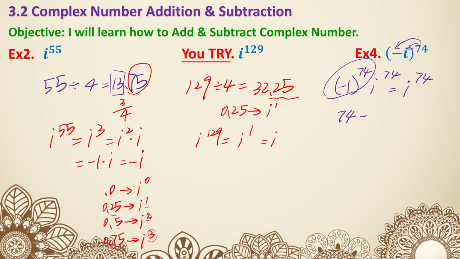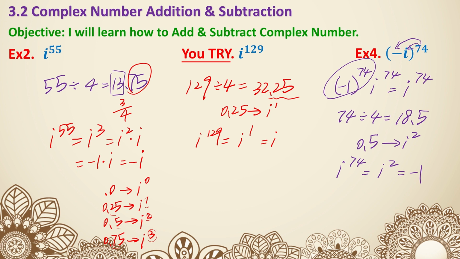Then you can use 74 divided by 4. That is going to give you 18.5. 0.5 means it's the same as i squared. So i to the 74th power is the same as i squared, which is -1. So the whole thing would just be -1, since the -1 to the 74th power is just gone.